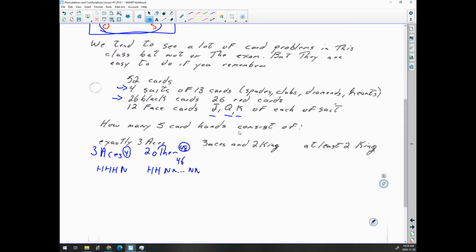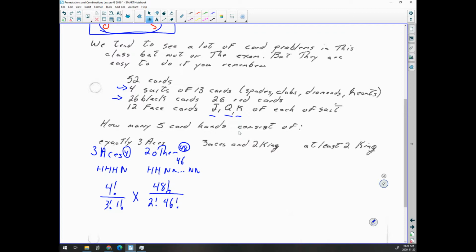So same principle: 4 aces, 3 in a hand, 1 that's not, times, because we're filling the remaining, for each one of these 4 possibilities, there are all of these possibilities that can be matched up with them. So here we have 48 factorial over 2 factorial, 46 factorial.